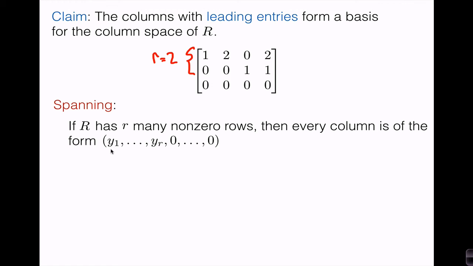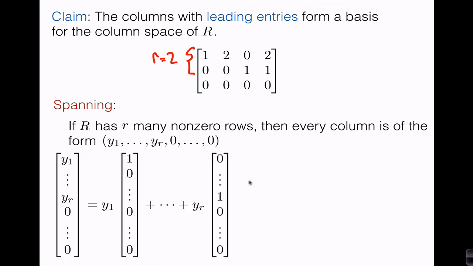So any vector of this form can be spanned by the following r many vectors. So these are vectors where we have a 1 in one position, say the ith position, and zeros everywhere else, as i ranges from 1 to r.